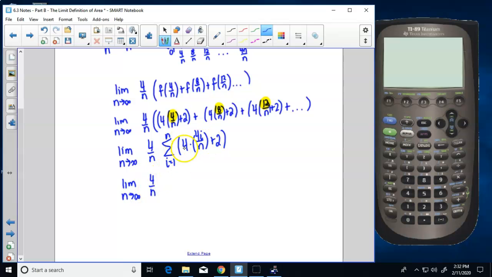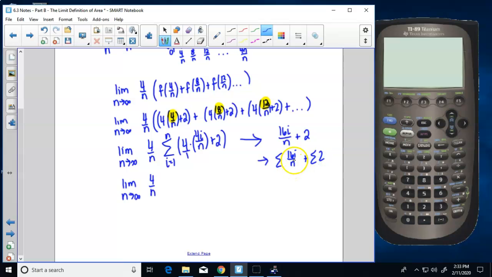For the sum right here, this could be written as 4 over n times the sum of 4 times 4i over n plus 2, so it could be 16i over n plus 2, and I could take the sum of each one separately.